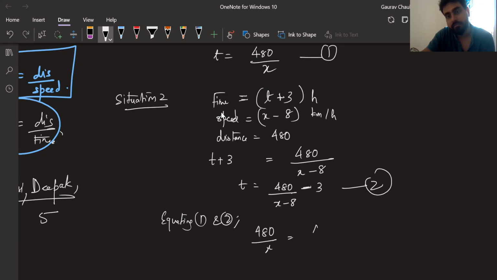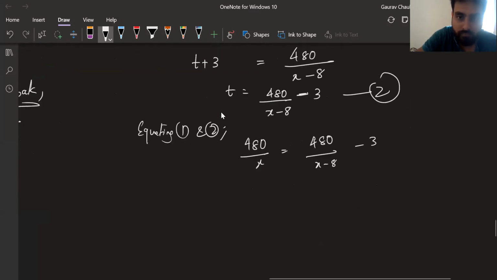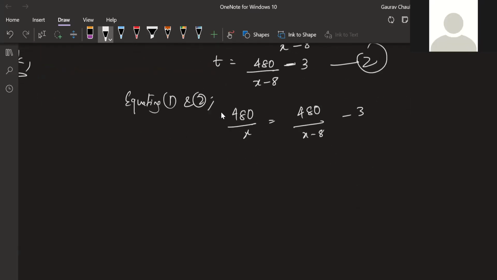480 by X is equal to 480 by X minus 8 minus 3. Chalo, Riza, tell me. Yes, sir. So then it will be 480 by x is equal to 480 minus 3 bracket x minus 8. Denominator is x minus 8, sir.